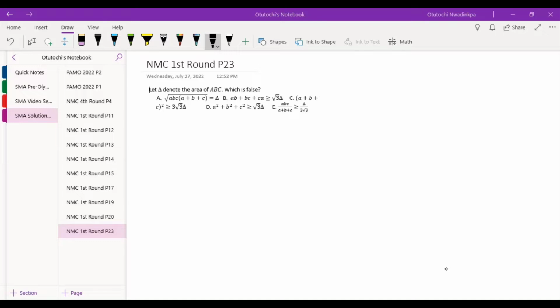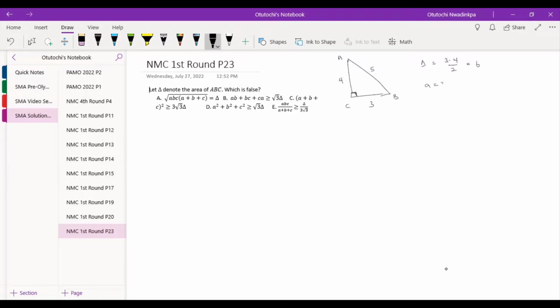So let's pick the 3, 4, 5 triangle. I decided to pick it because we know its lengths and we can easily calculate its area, so it's the fastest way to go about it. The area delta is equal to 3 times 4 over 2, which is equal to 6.